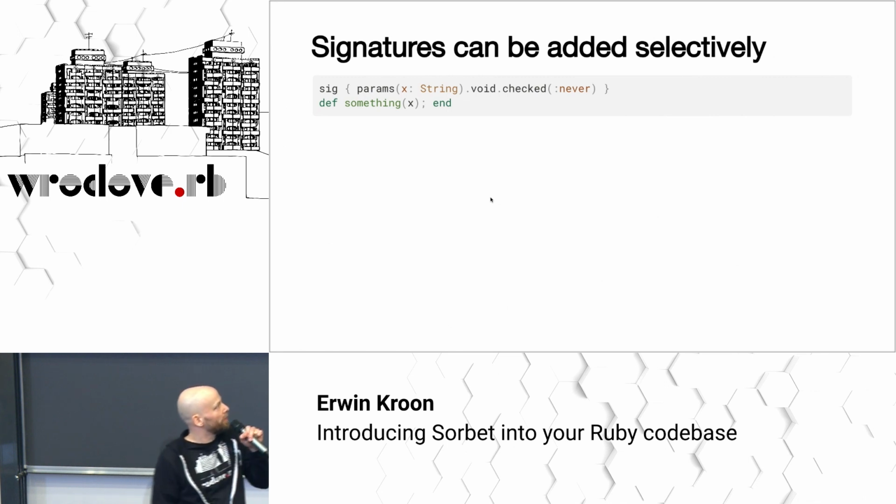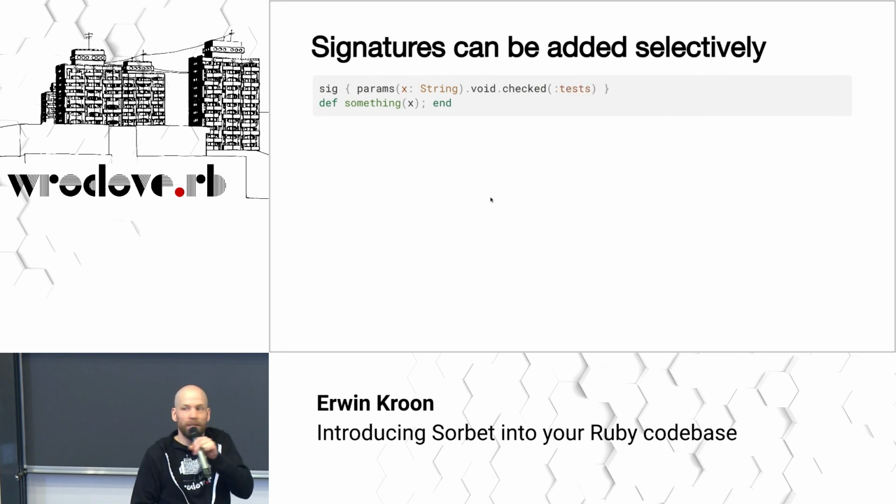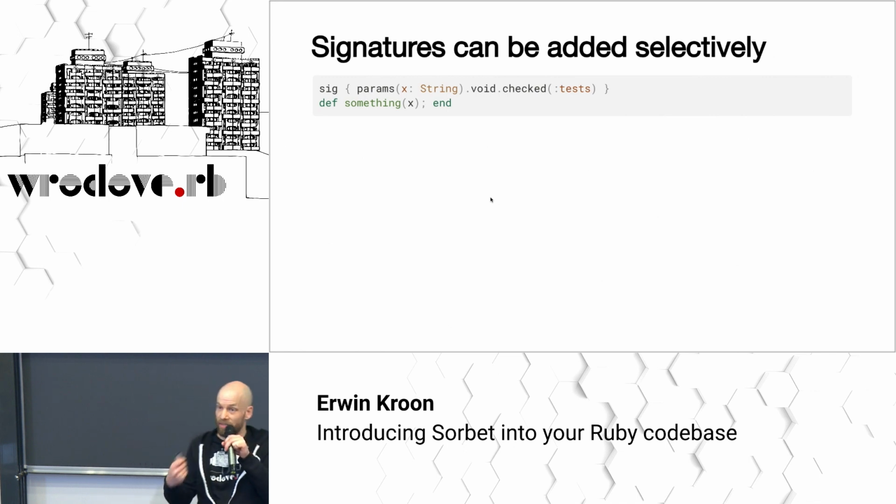This is what I was saying about the signatures. You can do never, you can do always. We can always run them in tests, and we can run them only in a static check. Normally you don't type this, because then it will be overwritten by the default. But it might be good if you have something that's very expensive.